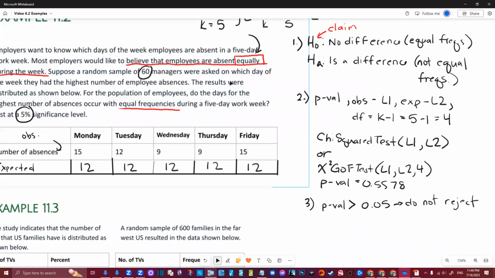So that last step, we would write our summary. So we're going to start with our decision in step 3. We did not reject, so there is not enough evidence.